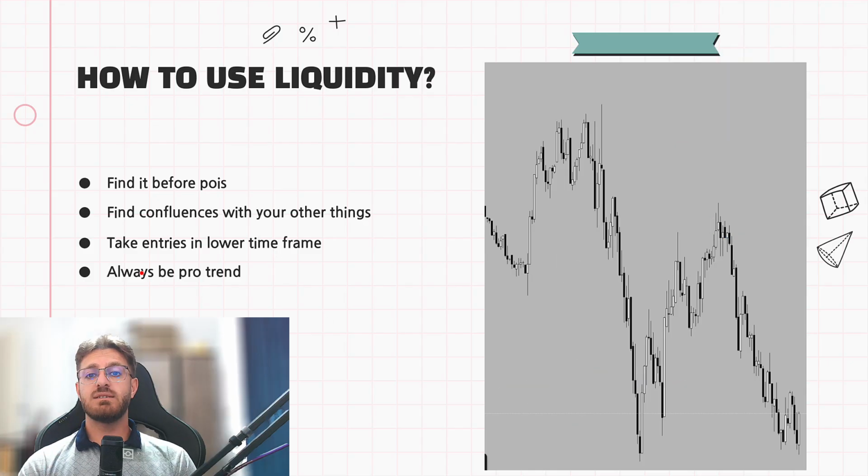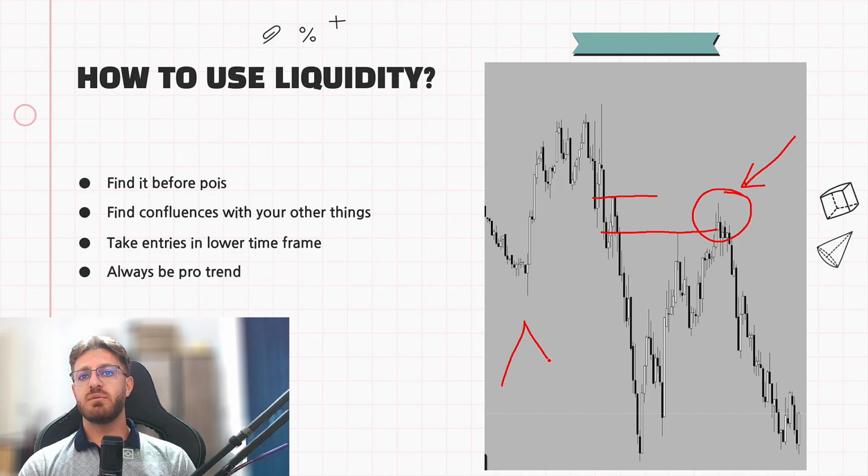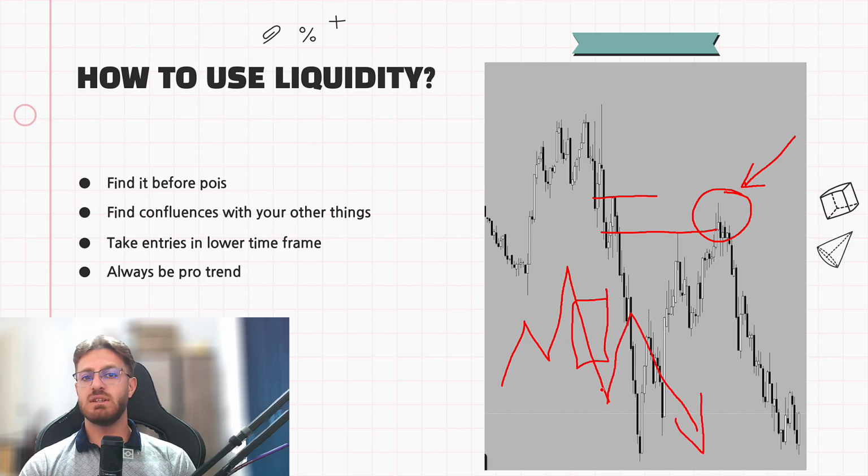The other thing is that when you found your POI, for example, this order block and your point of liquidity, you go to lower time frames at this point and look for trading setups. For example, a simple break of the structure to the downside and a POI or an imbalance here can be a very good entry setup in lower time frames to increase your win rate and reward risk ratio.